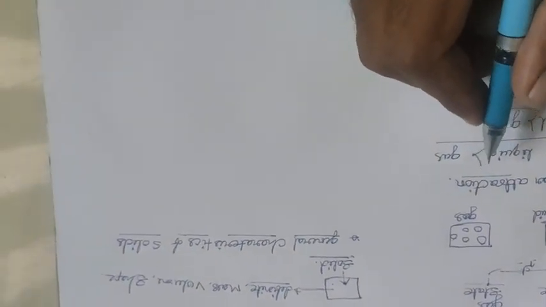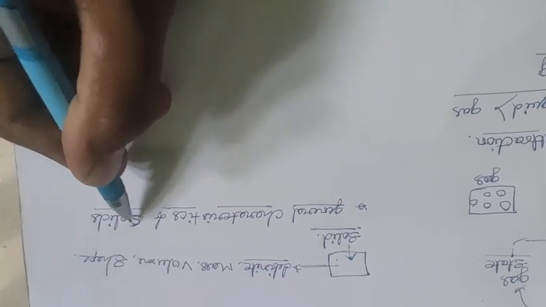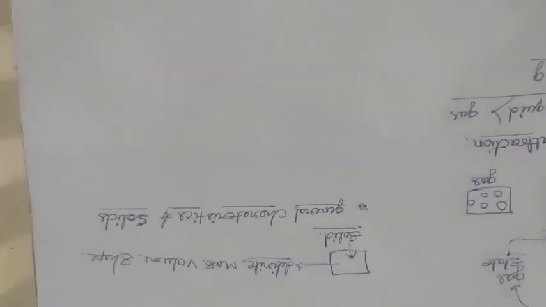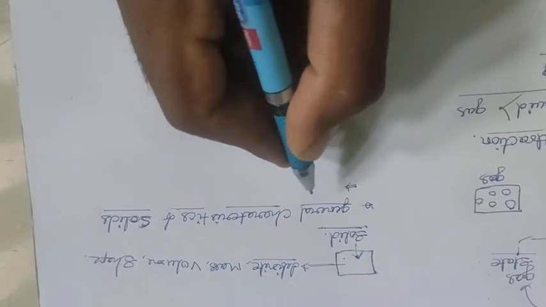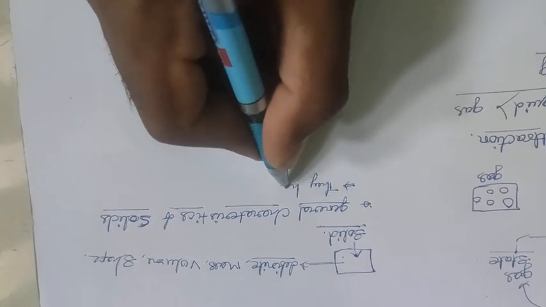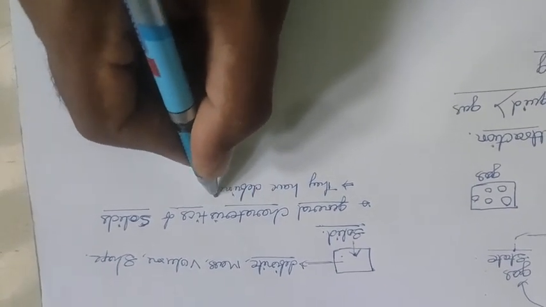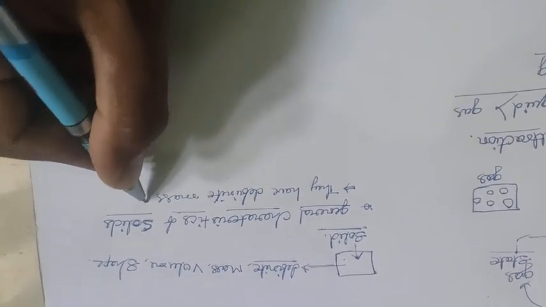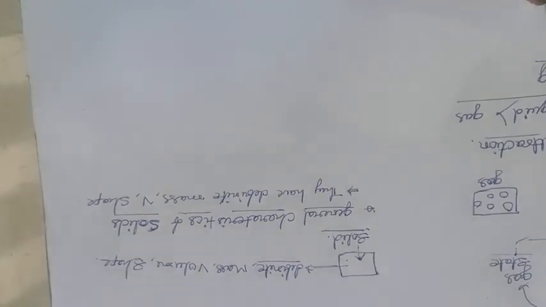You see here, these general characteristics of solids we are learning. We'll go one by one. Solids have a definite mass, volume and shape. Yes, right, this is the first character of solids.